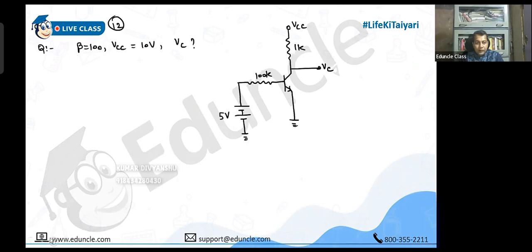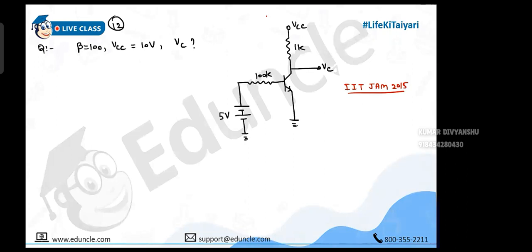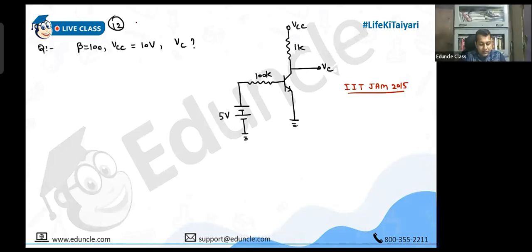This one you have to find. Please try to solve this one. So VBE is 0.7 volt, silicon. It's not given actually, but you can take it to be that. Okay, it's not given otherwise.